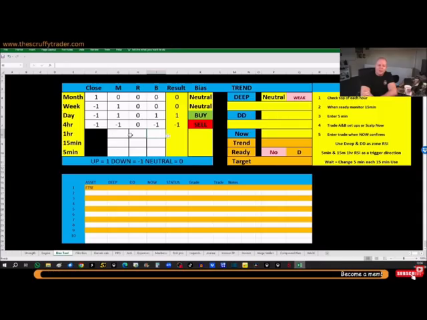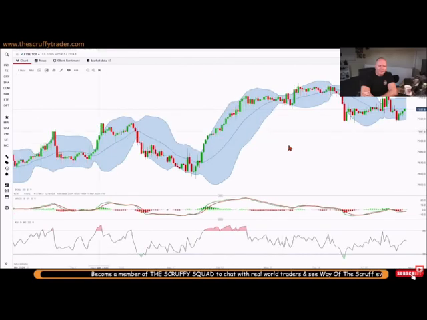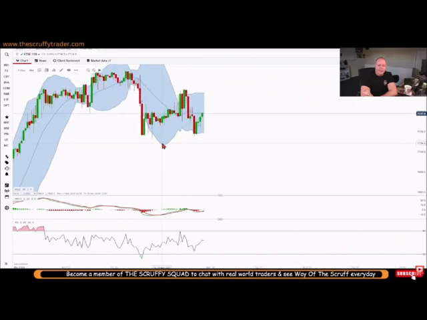We now start to look at the triggers, which will be the hour, and the hinge points are the daily joins these two together, and then the hourly joins those two together. Okay, so we'll come down onto the hour. We don't need to see what the last close was because we're now getting too close to the price and it becomes irrelevant.